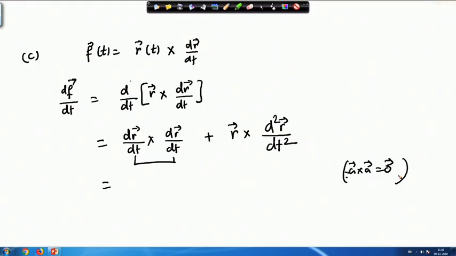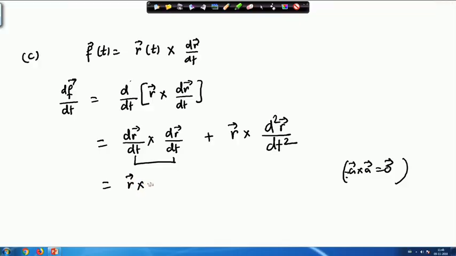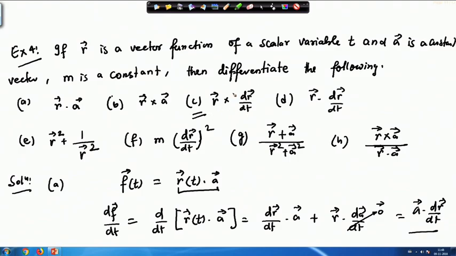So if two vectors are parallel, then their cross product is 0. So the first term is 0 and the second term will remain as it is. All right. So this is how we differentiate problem C.